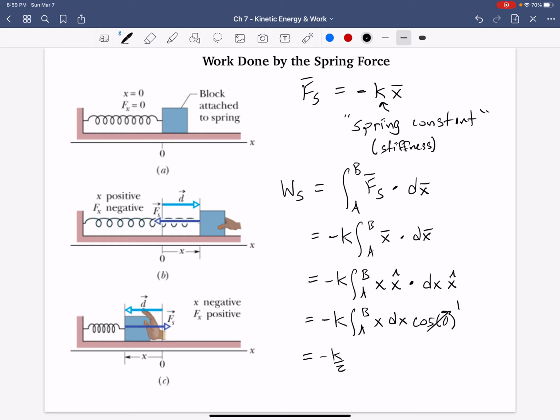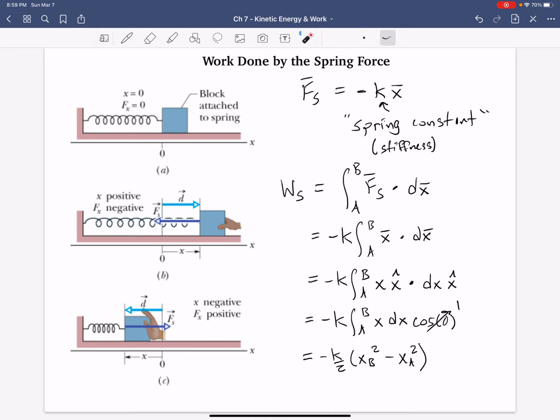I'm going to pull the 1/2 out and say x at the final position squared minus x at the initial position squared. All right? And so we can write this as the negative spring constant over 2 times the change in position squared.